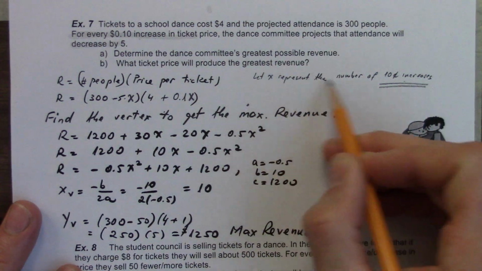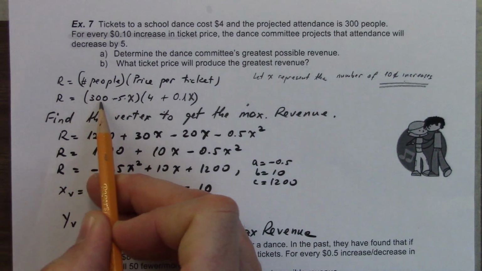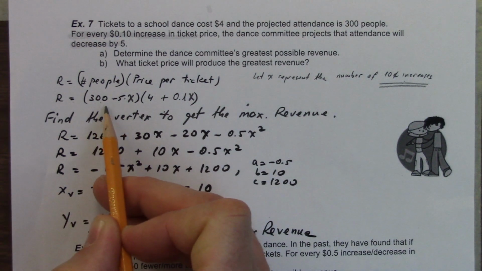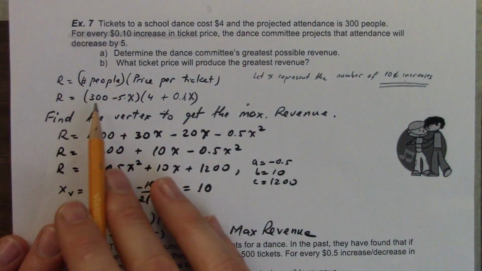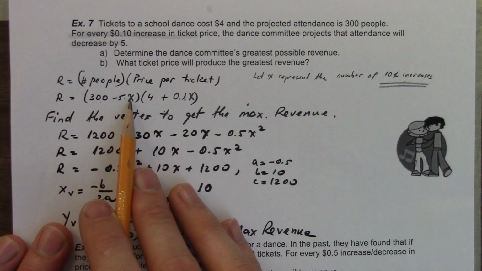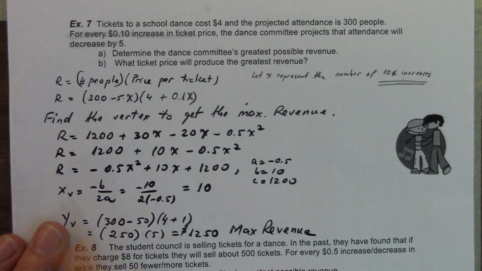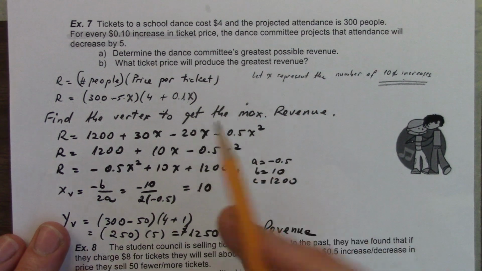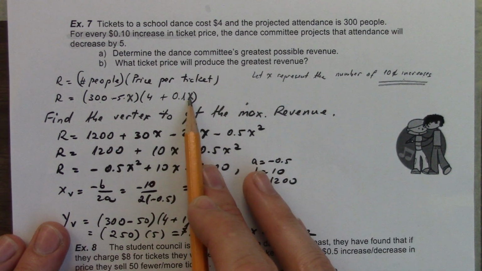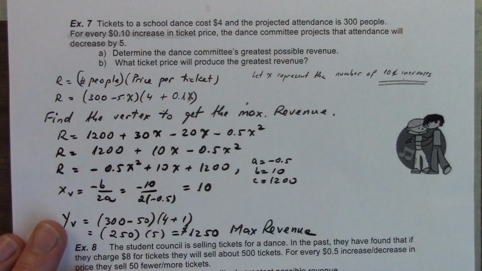So the revenue is the number of people, which goes down by 5 for every 10-cent increase, so we subtract 5 times X. And the price per ticket goes up 10 cents every 10-cent increase, so the price per ticket would be $4 plus 10 cents times X, the number of increases.